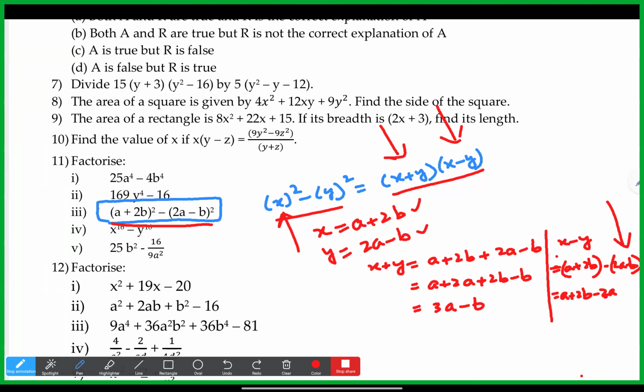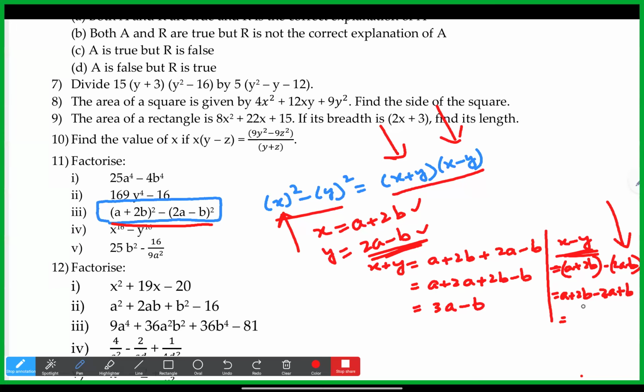If you open the brackets, minus of minus becomes plus, so plus b.